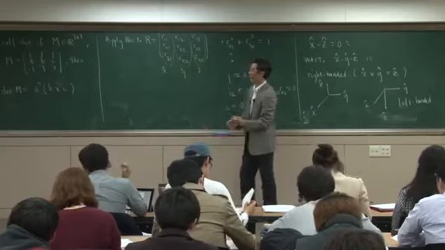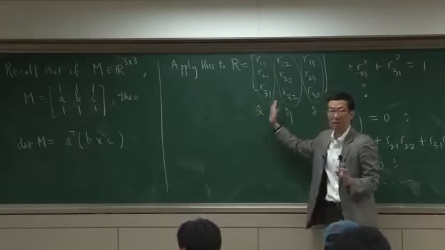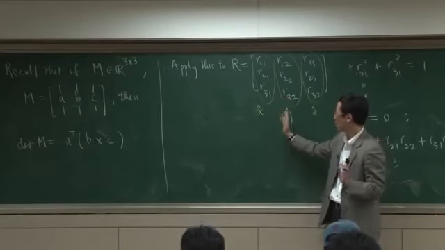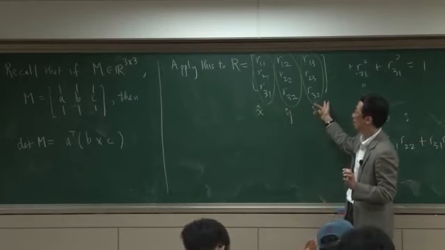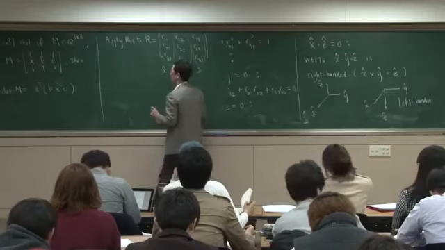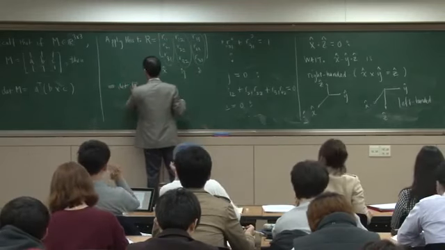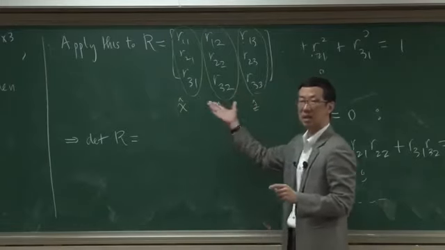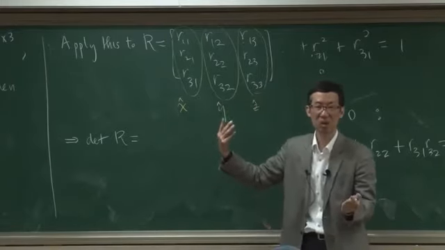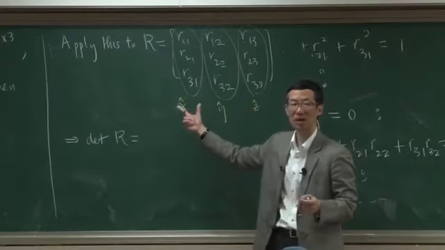So if we apply this determinant formula to this, what we're imposing is that for a right-handed frame, X cross Y equals Z. So the determinant of R, Y cross Z in a right-handed frame should be X. So X transpose X, two unit vectors, is 1.